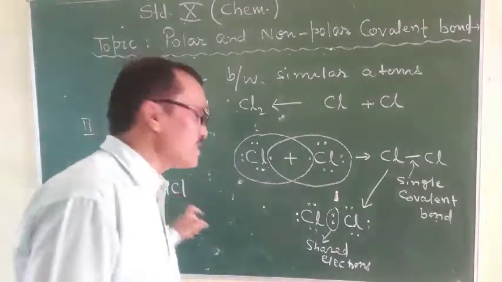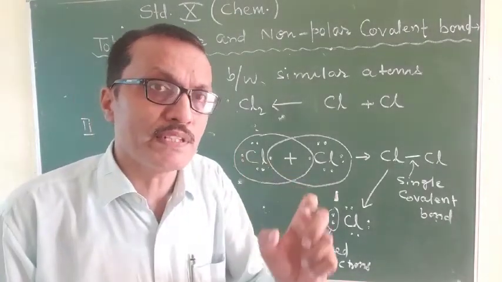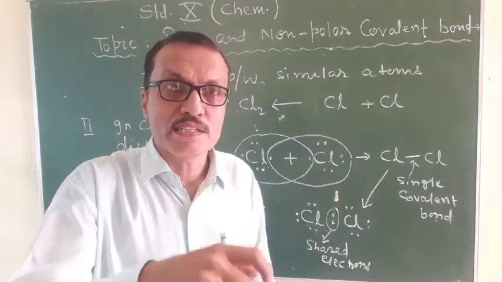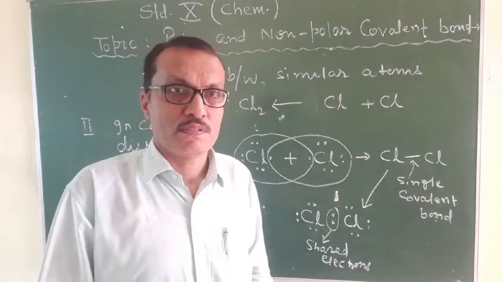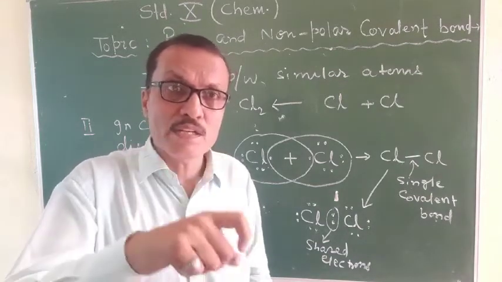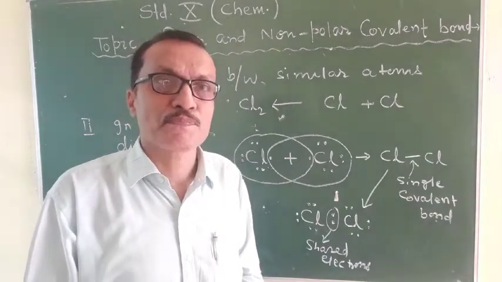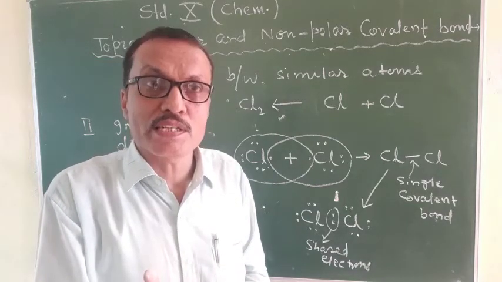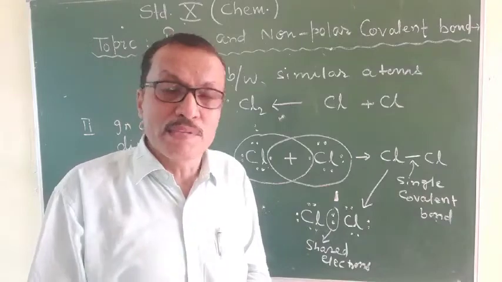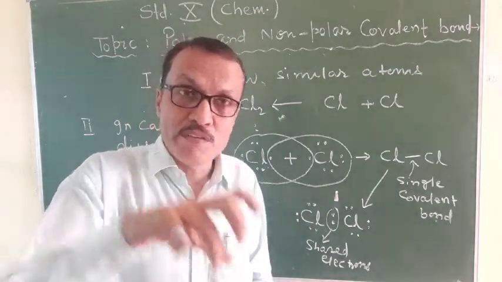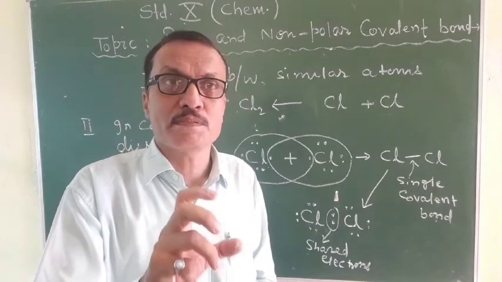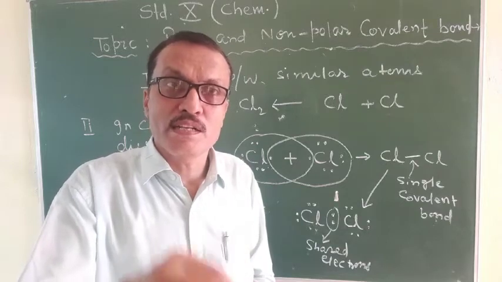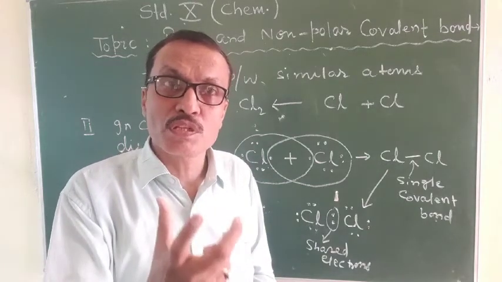But in this case, the shared electrons between H and Cl do not exactly lie in the center of both. Why not? Because one is more electronegative than the other. Due to the difference in electronegativity, the shared electrons do not exactly lie in the center of both atoms.